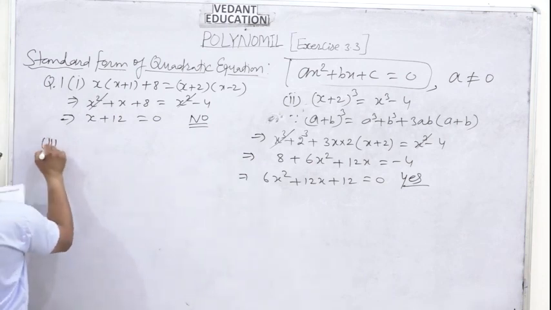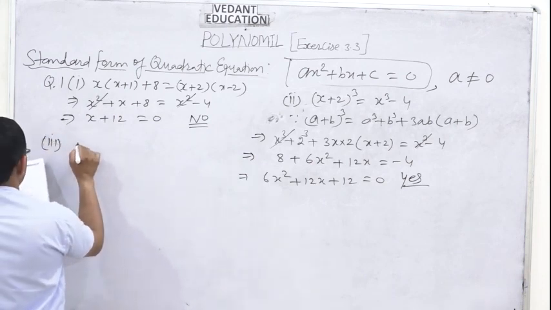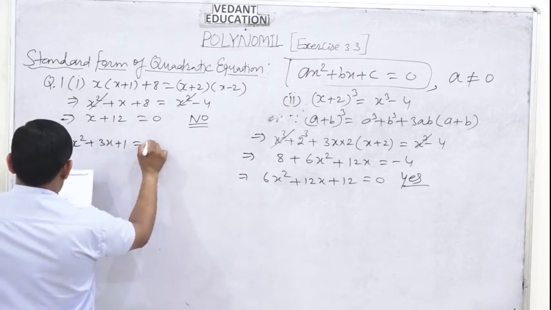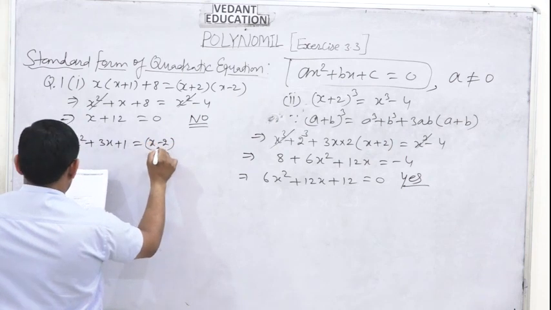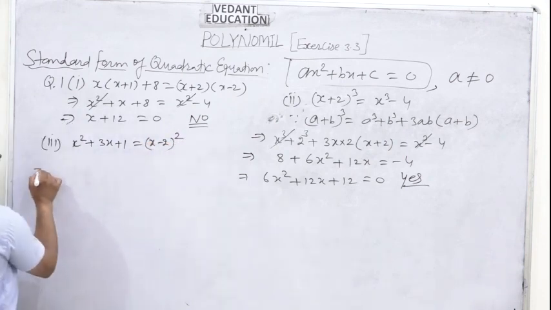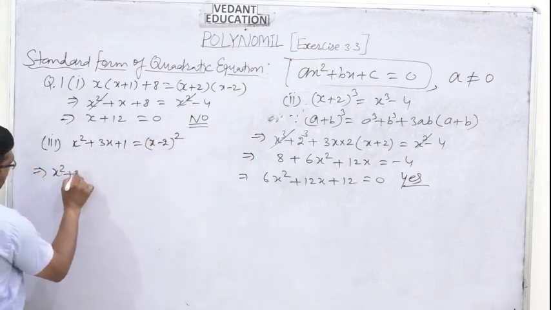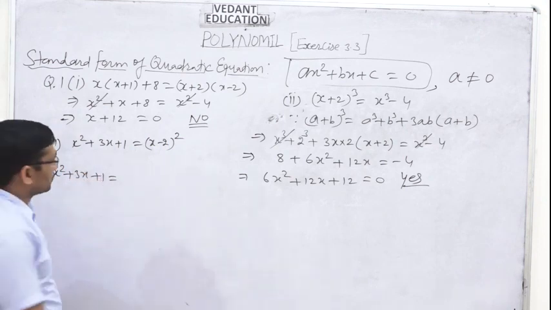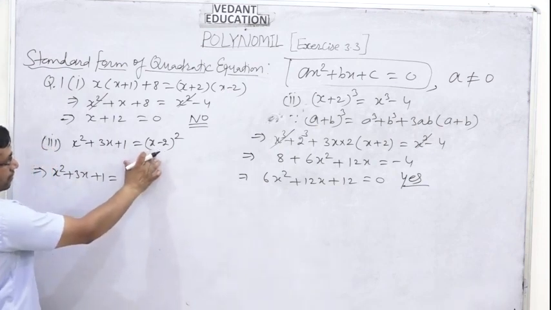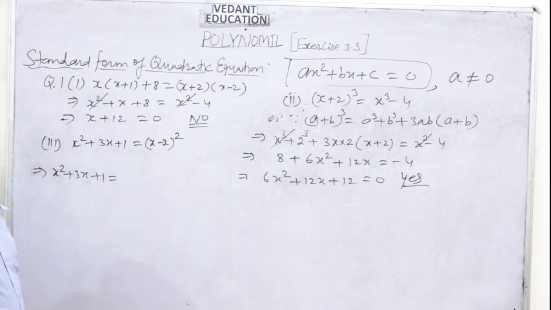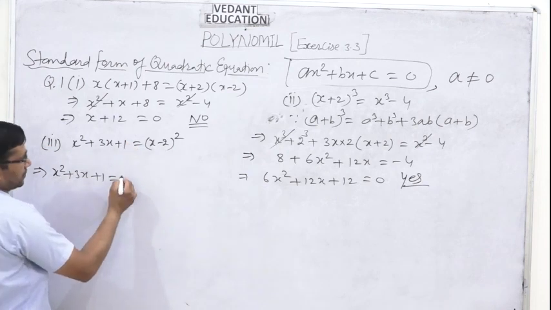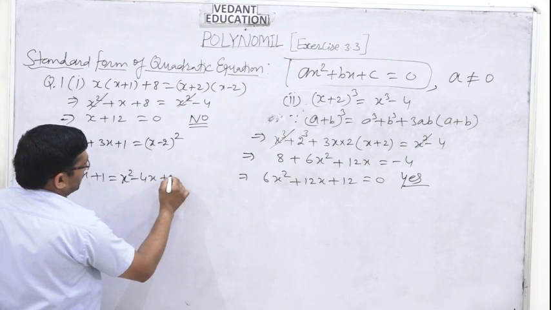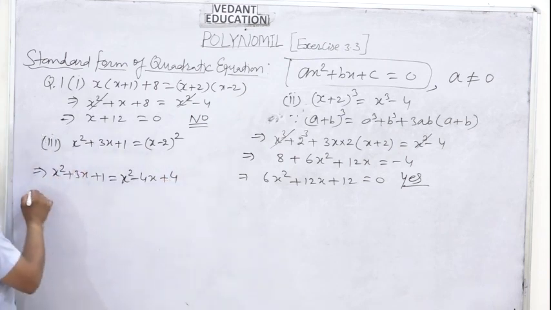Then the third part. The third part is x square plus 3x plus 1 is equal to (x − 2) whole square. That is x square plus 3x plus 1 is equal to, here again we use the identity of (a − b) whole square, that is x square minus 4x plus 4.